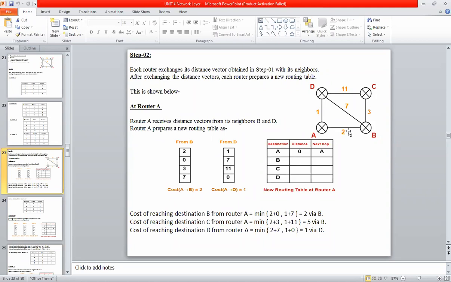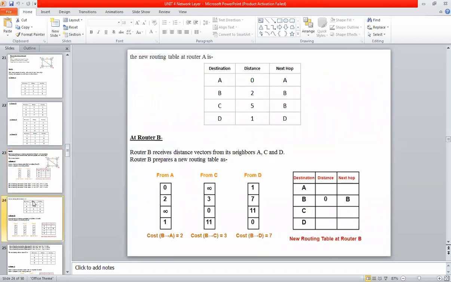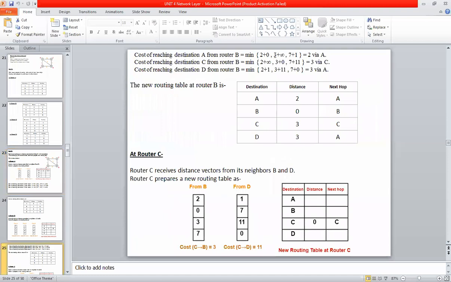One more is A to D and D to B, 1 plus 8. See here: 3 plus 0, 7 plus 1, 3 plus infinity, and 7 plus 1. Which is the minimum? Via A, that is 2. You have to update here, A to A.